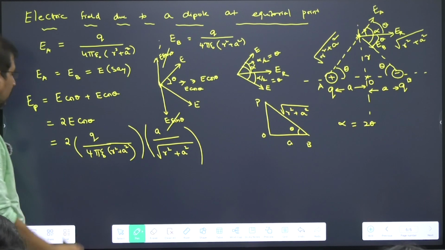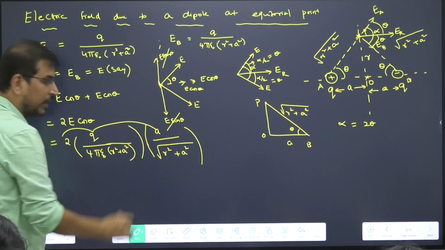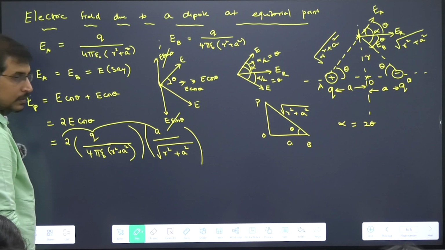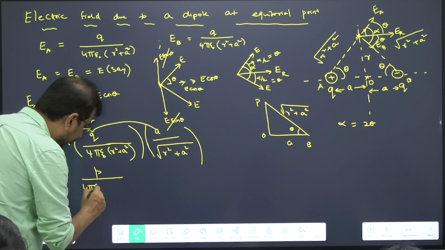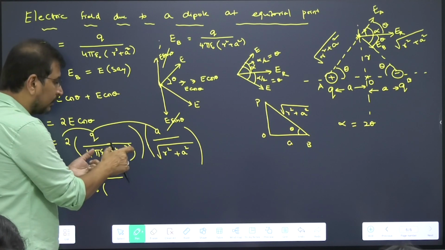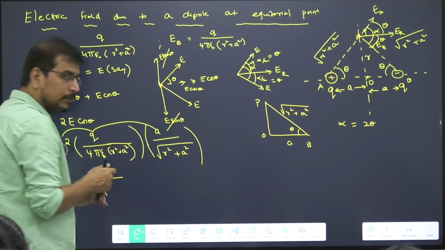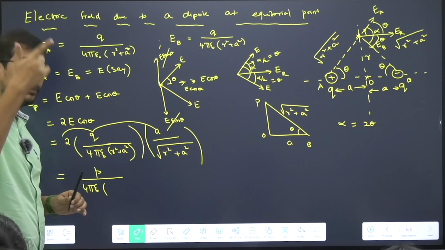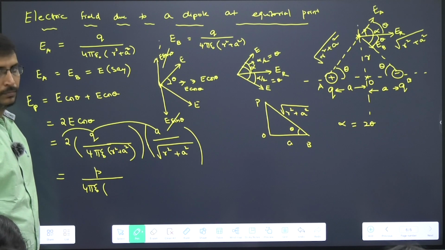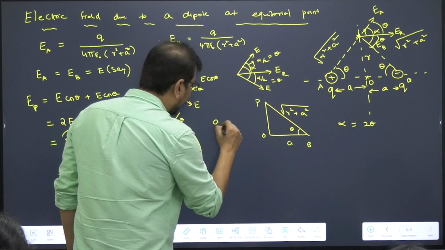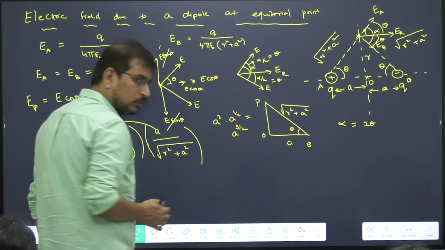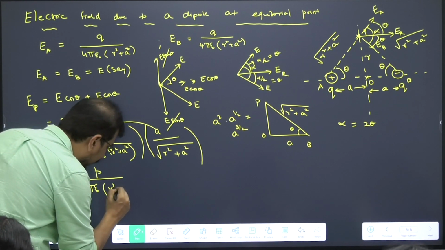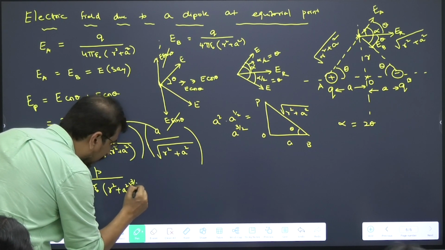Now it's very simple. So 2 into Q into A, which is the dipole moment, divided by 4 pi epsilon naught into R square plus A square multiplied with R square plus A square to the power half. So R square plus A square into R square plus A square to the power half will be R square plus A square the whole power 3 by 2.